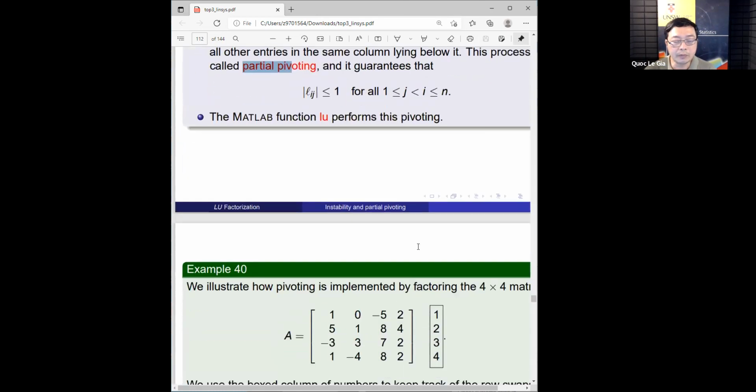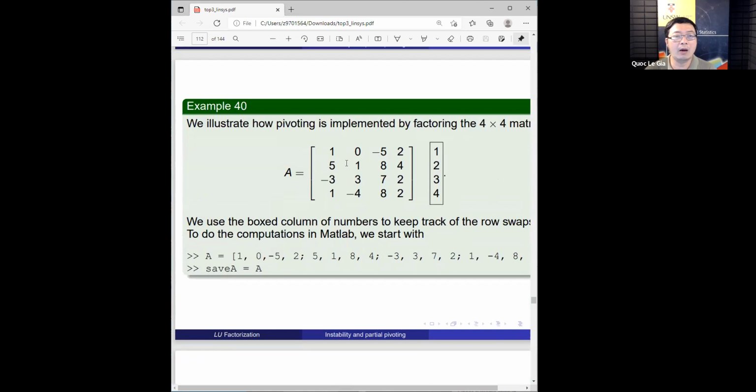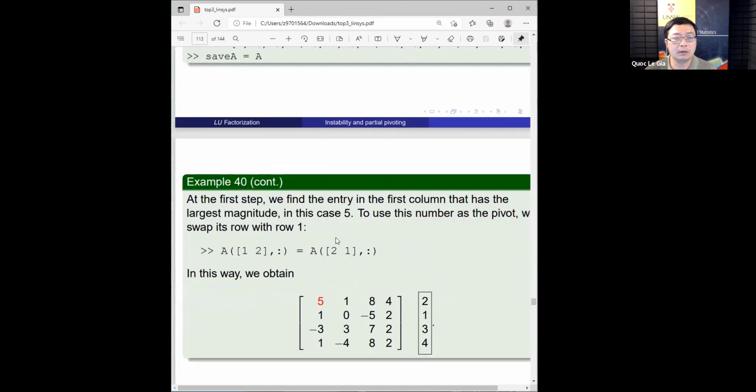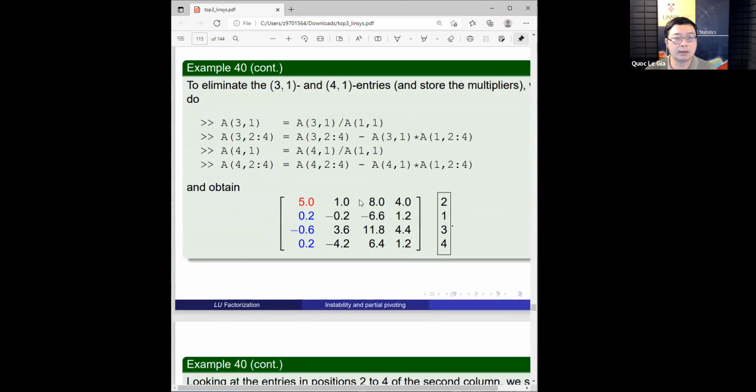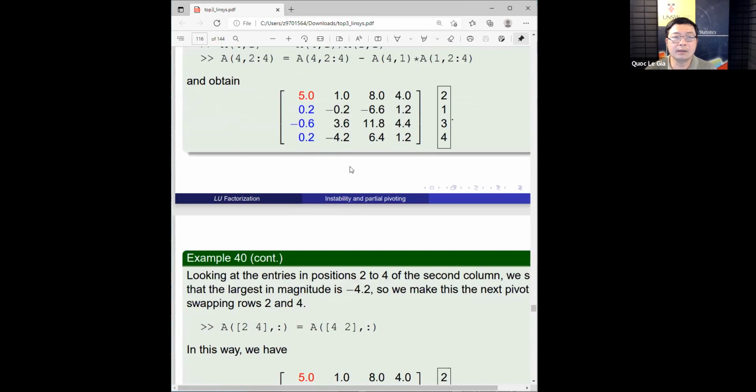So this is an example of how MATLAB is doing this LU factorization, and you can go through it in the lecture notes or in the slides. Again, it's just Gaussian elimination, and to save memory, you store the coefficients here.